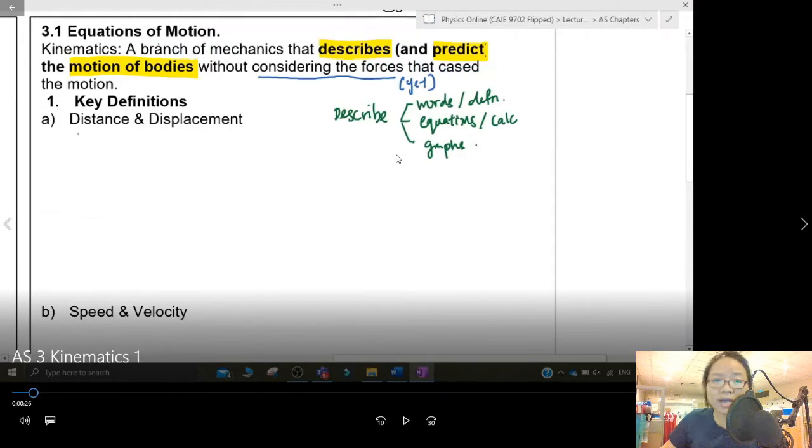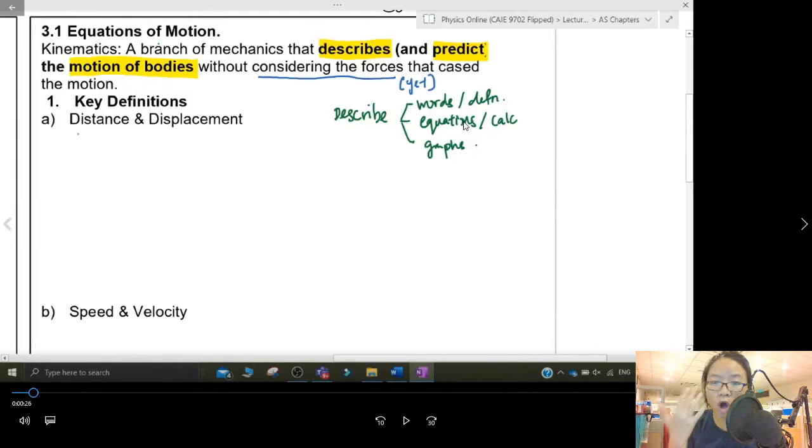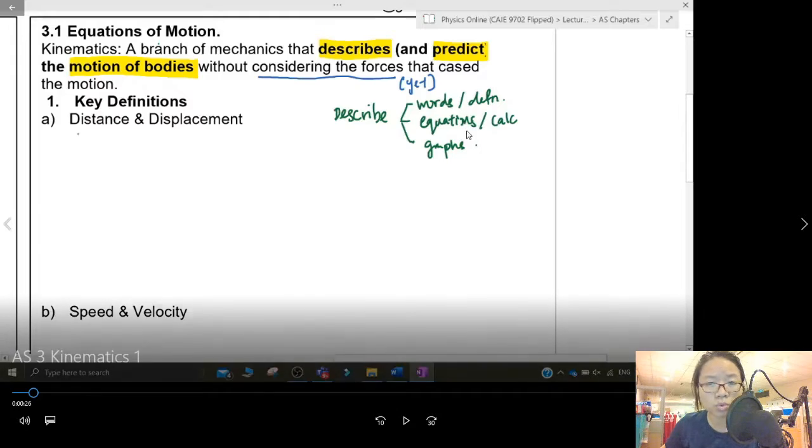All right. Anyway, if we say describe and predict, we basically have a few different tools. Now I know that some of you have your preferences, especially if you are doing double maths. Your preference is probably towards equations and calculation. But think about it this way: to conquer this topic, one skill is not enough. You need to have all three. Unless you are very lucky lah, the one that you like will come out. But how do you know? You do not know, okay?